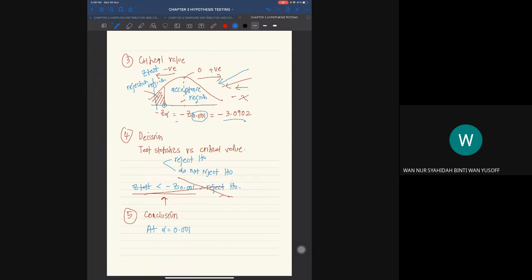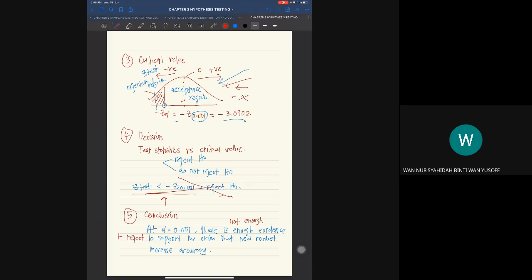So at alpha 0.01, there is enough evidence to support the claim that the new rocket increases accuracy. Or you can write there is not enough evidence to reject, also correct.